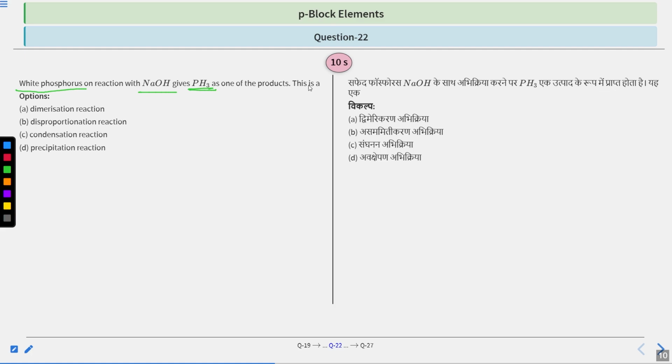Okay. So this is which type of reaction you can say. So this is the question. Options are ionization reaction, disproportionation reaction, condensation reaction, or precipitation reaction. You have 10 seconds to solve this question. After that, we will see the correct answer.